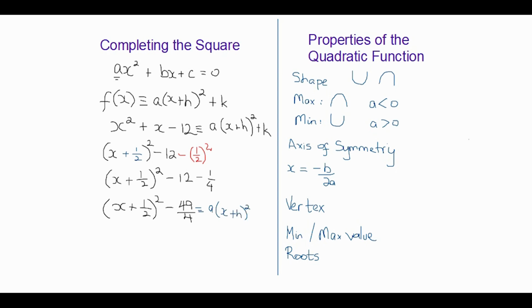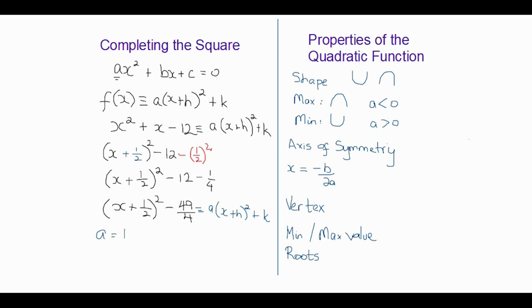So what we're going to do now, we're going to learn to identify a, h, and k, and we're going to see how these values help us with identifying the properties of a quadratic function. So when we talk about a, we're talking about the coefficient of x squared from the beginning, all right? But that value will normally be written outside of our binomial expression. So we're going to state a, and a is equal to 1.